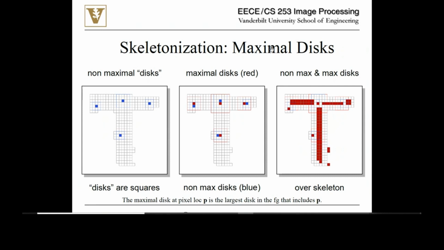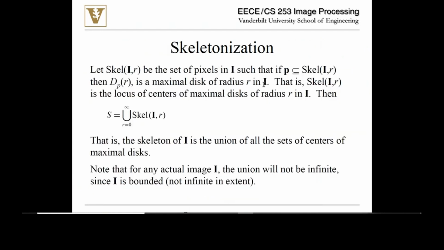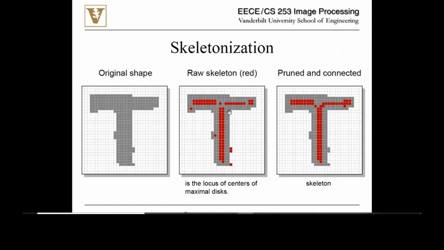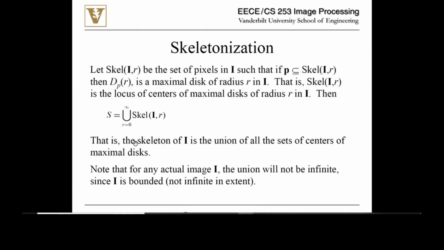So my skeleton will be formed by all the skeletons of radius 0, union with the skeleton of radius 1, union with the skeleton of radius 2, union with the skeleton of radius 3, and so on. Okay, so this is my raw skeleton. So this is the skeleton computed according to this definition.